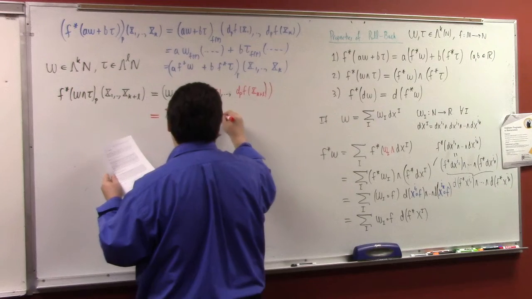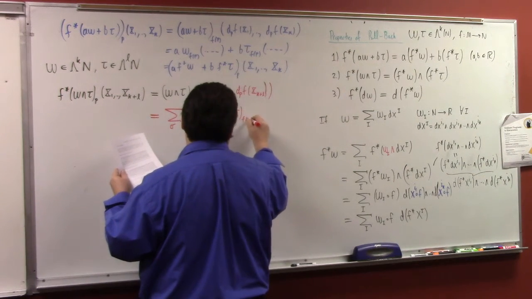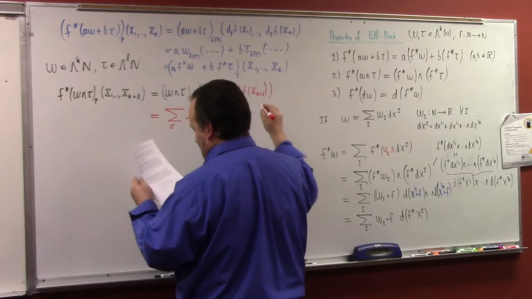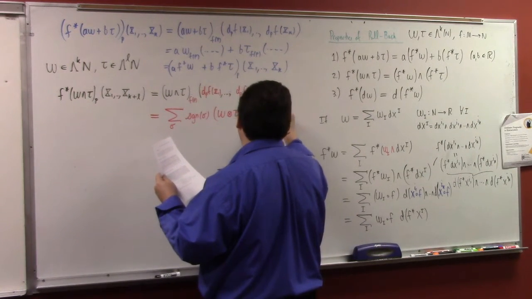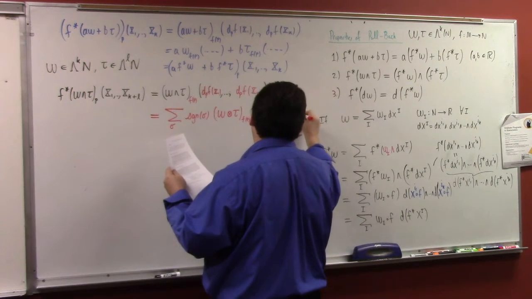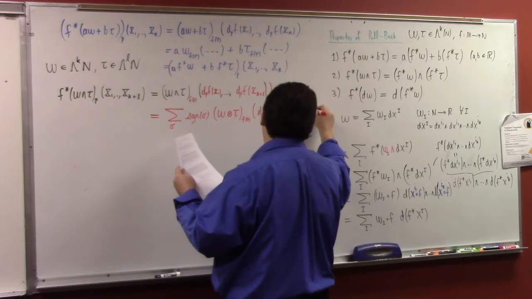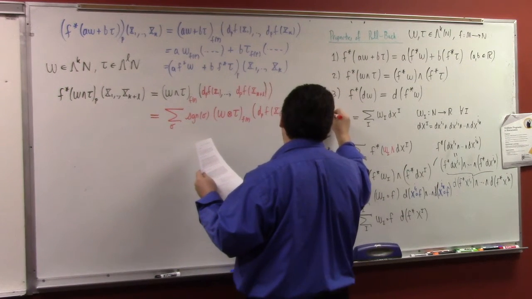And then we do omega tensor tau at the point f of p, acting on dpf of x sigma of 1, dpf of x sigma of k plus L.